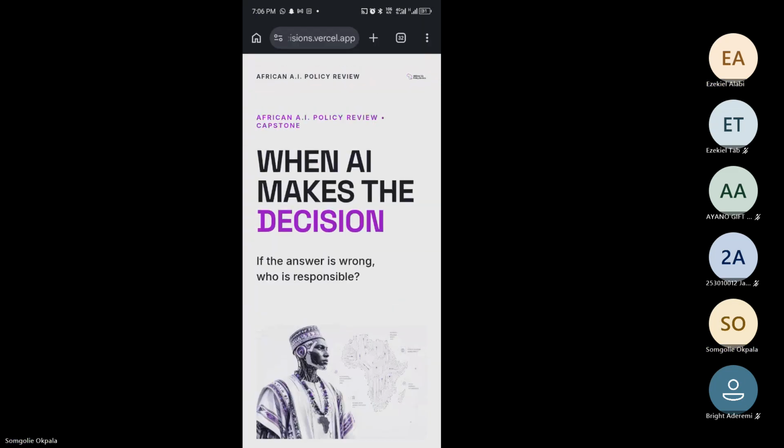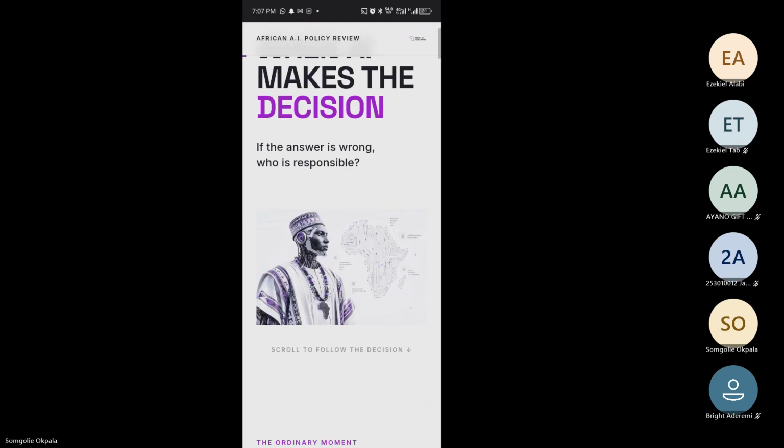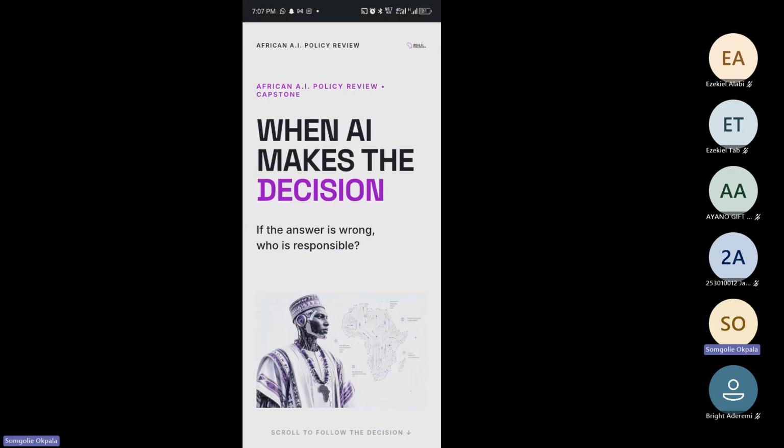Okay. So this is my capstone project. This is a website about the gravity of putting AI in the position of making decisions. The main problem is a developer maybe makes a chatbot.